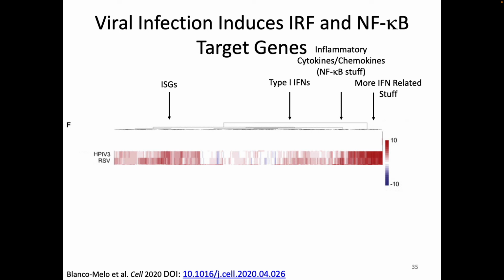So just general respiratory viruses. And what they're examining here is the transcription of thousands of different genes in those cells. Each one of these little lines is one gene. So there's like 20,000 genes across here as little tiny lines.